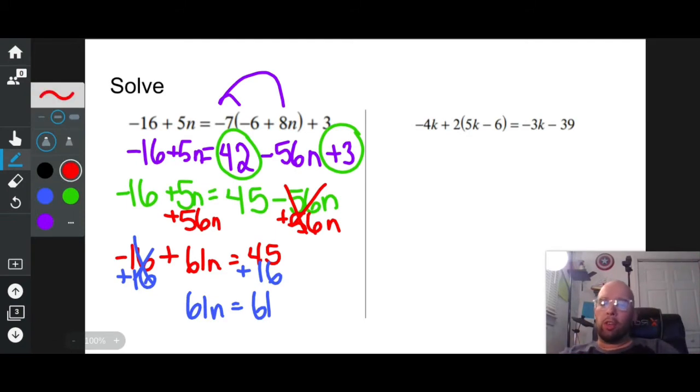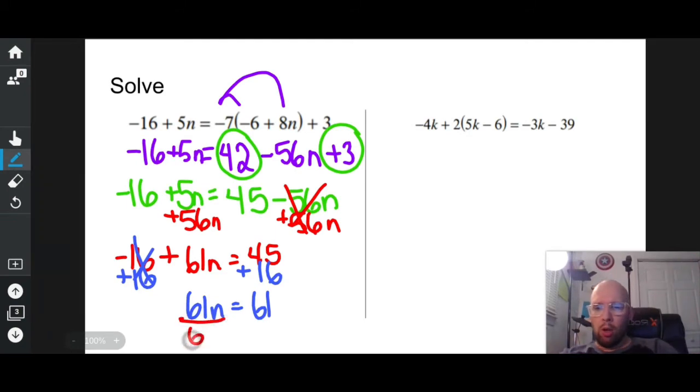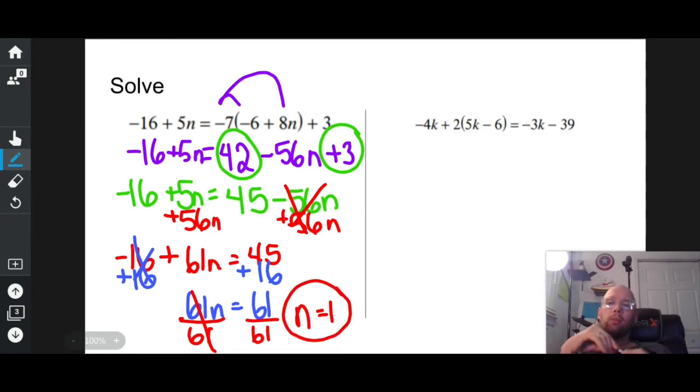I'm going to divide everything by 61, and 61 over 61, or a number divided by itself, as evidenced from a previous problem again, is 1. Crazy. All of that math just to get a measly 1. What a disappointment.